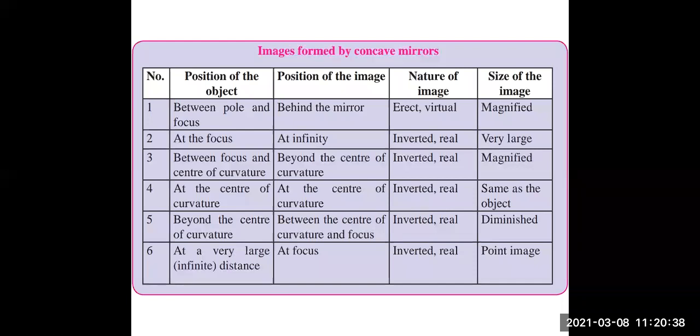If you study these things, you will be able to understand and visualize how the images get formed. As practice makes a common man perfect, keep on practicing these diagrams so that you will be able to formulate these tables.